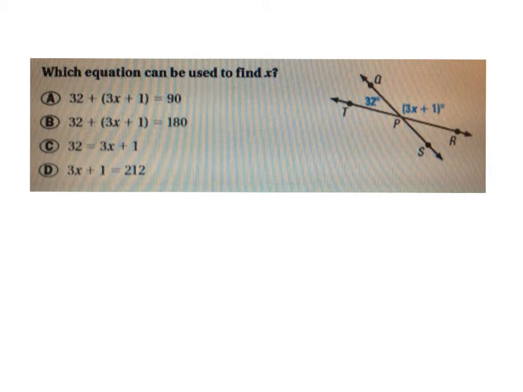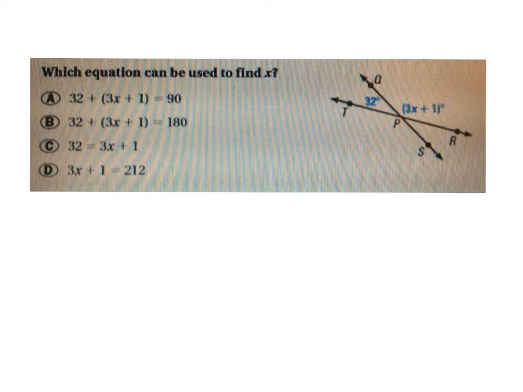We have the angle that is 3x plus 1. Since they are a linear pair, we need that to equal 180 degrees. So we'd just be adding those two angles together. So it'd be 32 plus 3x plus 1 is equal to, and be careful, 180 degrees. Don't get fooled by the first one. I'm giving you 90 degrees.